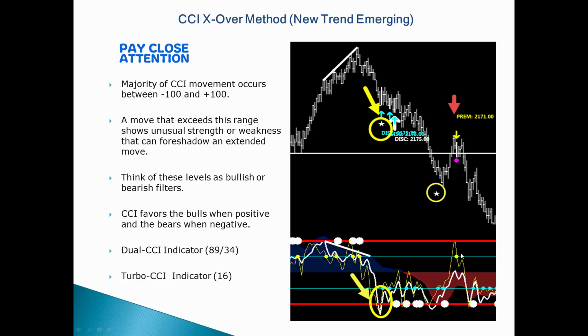Crosses back down. Gives us a signal. That's the premium alert. So the slow CCI is below, the fast CCI is at or above the 0, above the plus 100, hooks back down. Boom, that's the premium. The opposite is true if it's a discount.